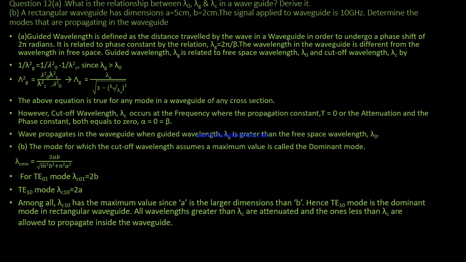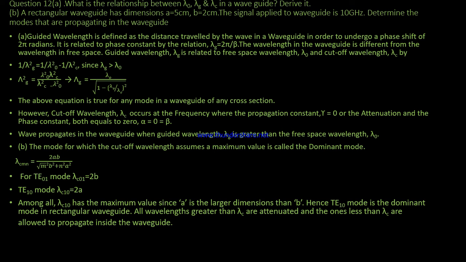Among all, the cutoff wavelength for mode 10 has the maximum value, since a is the larger dimension than b. Hence, TE10 mode is the dominant mode in a rectangular waveguide.